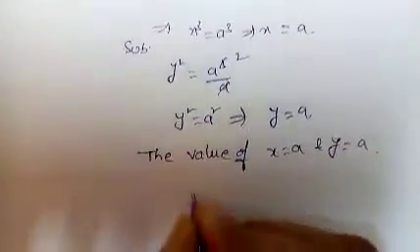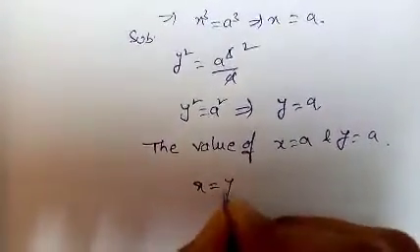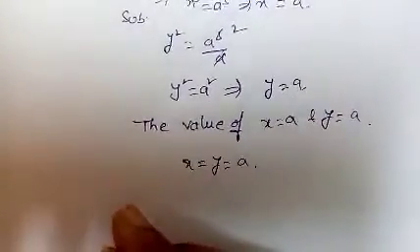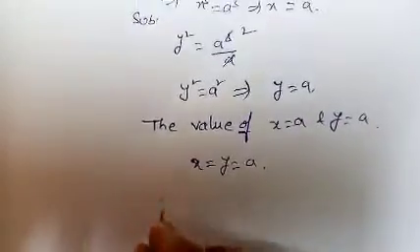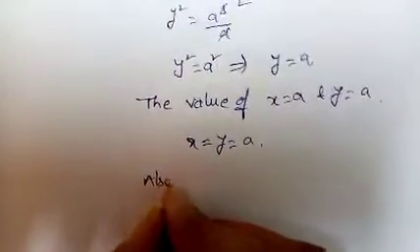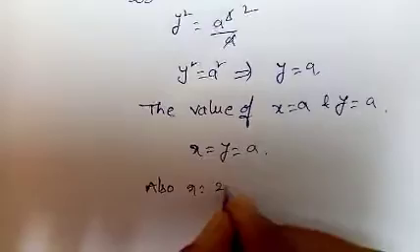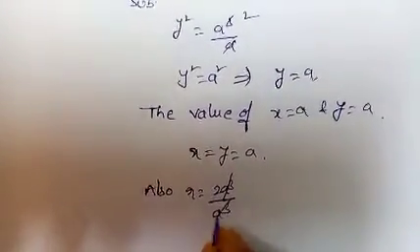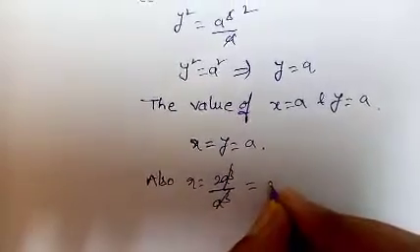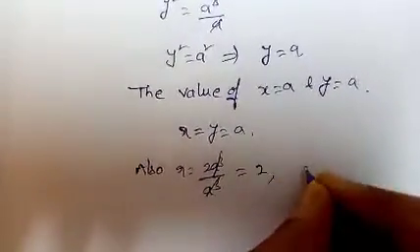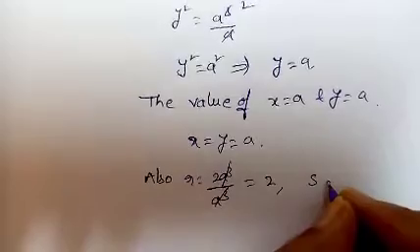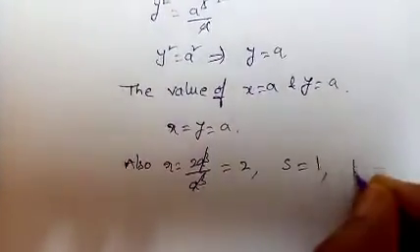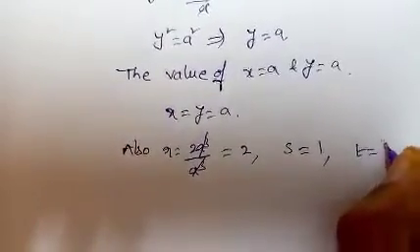So now find out the r, s, t. So also the value of r equal to 2a cube by a cube. So here numerator and denominator a cube is cancelled, only answer is 2. And s equal to 1, and the value of t equal to 2.